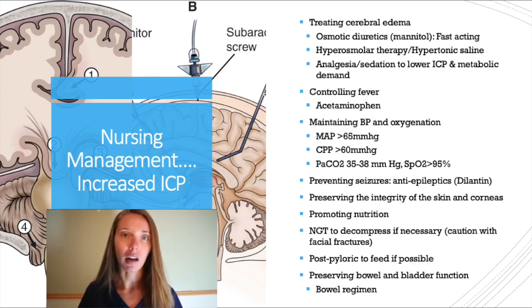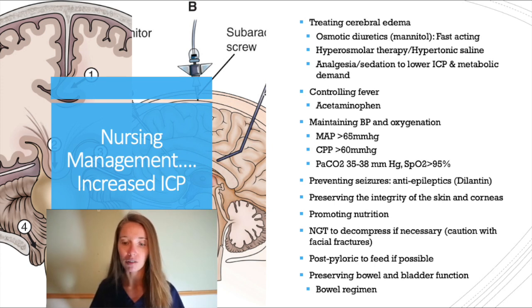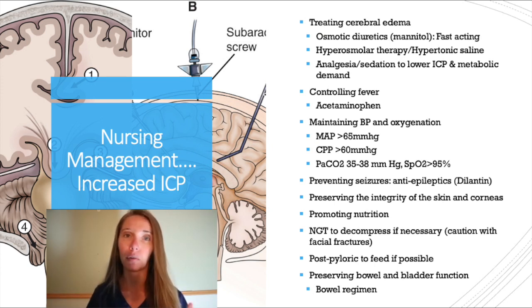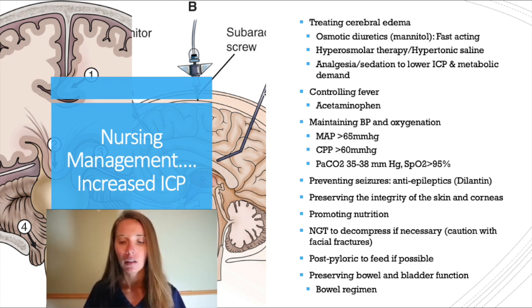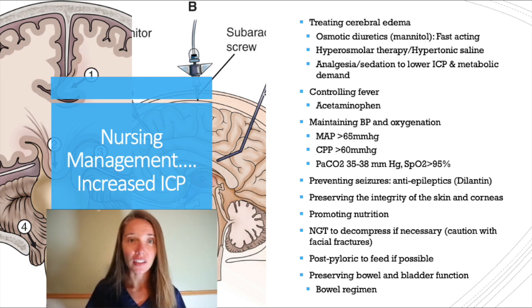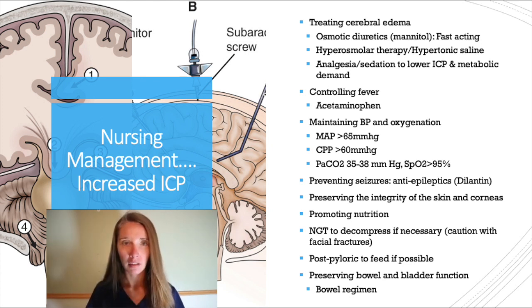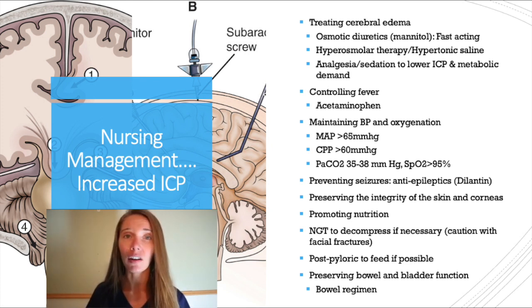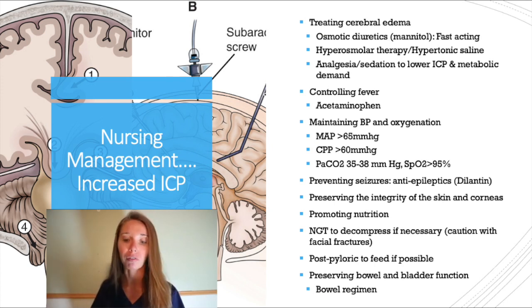We use osmotic diuretics like mannitol to do this. Keep in mind that mannitol works very quickly. We can use hypertonic saline to do this. We can also use sedation to decrease our ICP. We will administer Tylenol or other antipyretics to control fever. And again, maintain our blood pressure and optimal oxygenation.